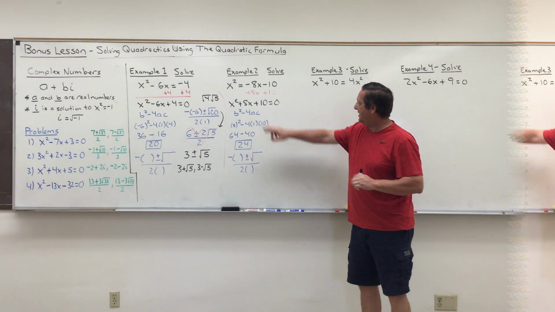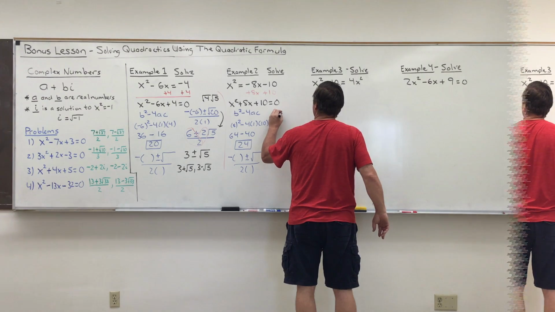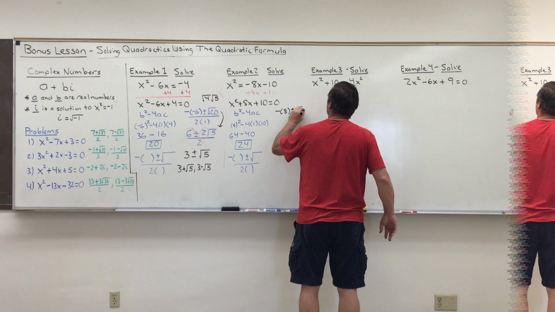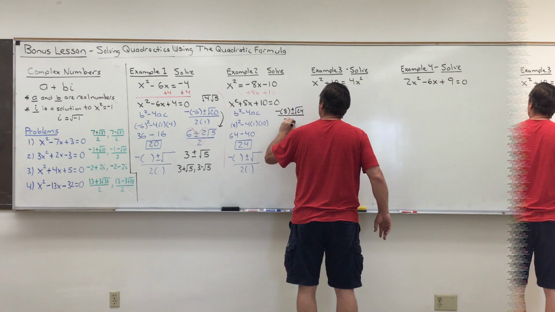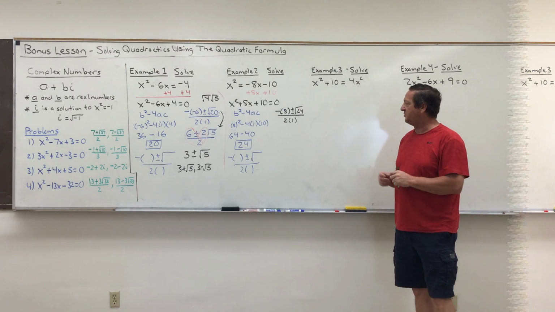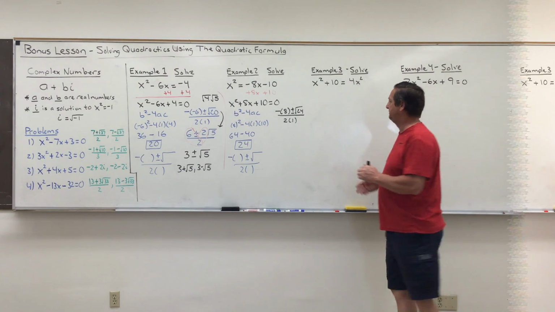So if I plug in, I get negative 8 plus or minus the square root of 24 over 2.